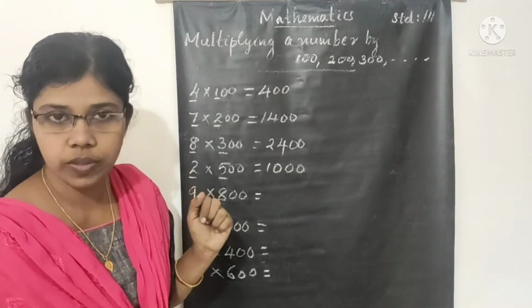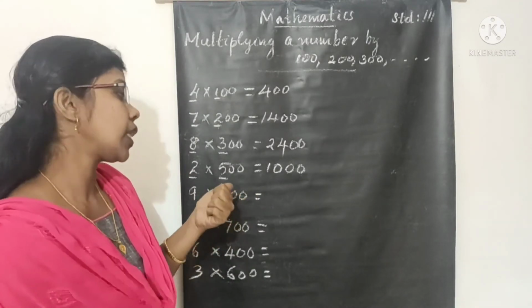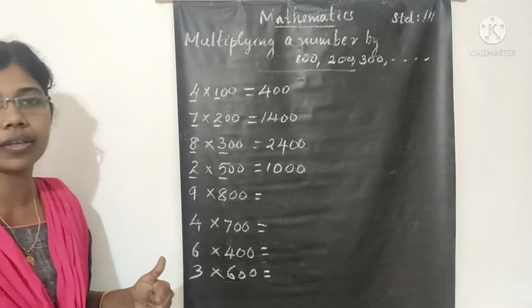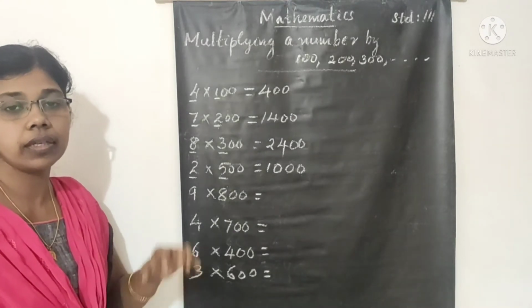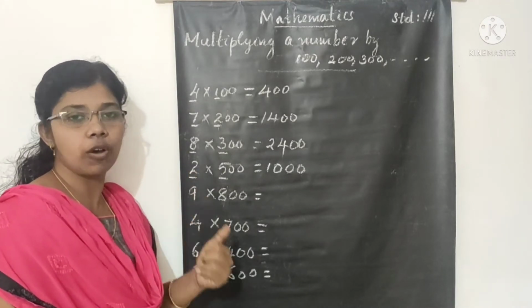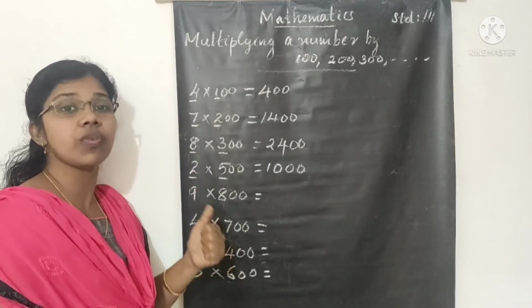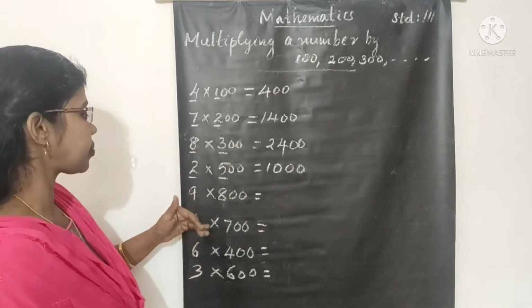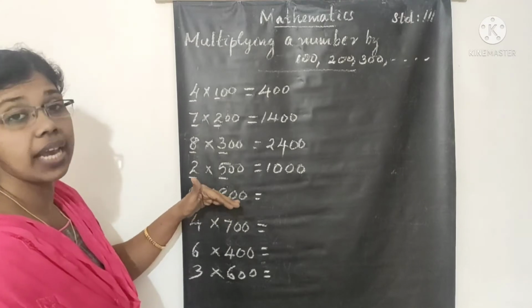That is 1000. So 2 into 500 equals 1000. That is, 2 times 500 added: 500 plus 500 equals 1000. That's what it means.